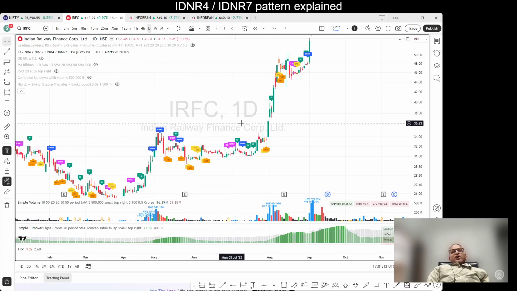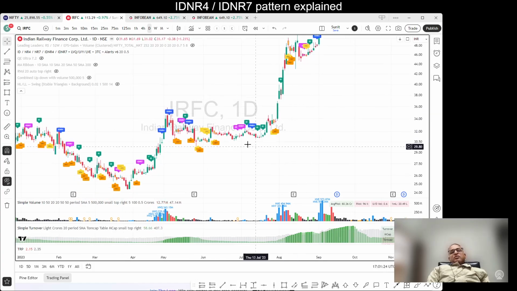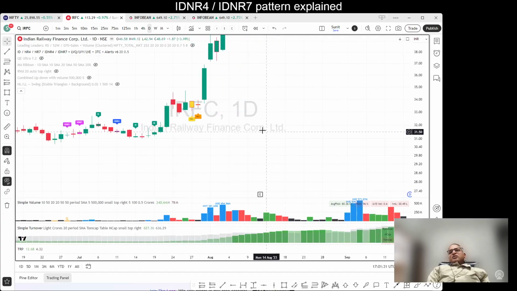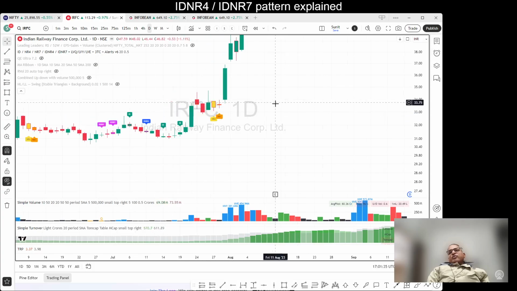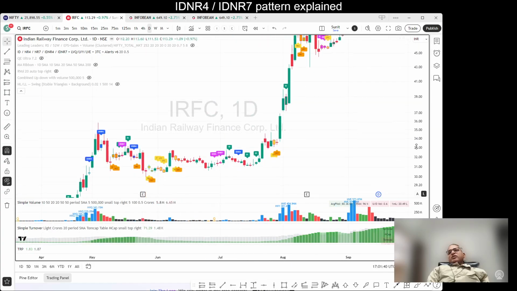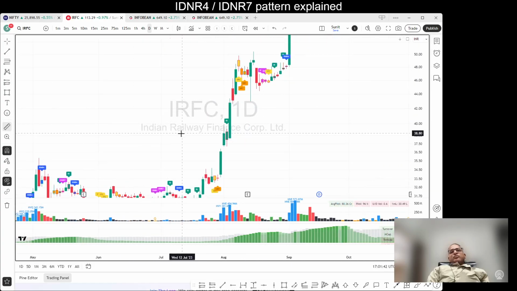So why are these important? Because the market has reached an optimal compression level, and the next move is usually violent, either up or down. Here we got NR4, narrow range 4, narrow range 7, and when the price crosses above here, see the move.